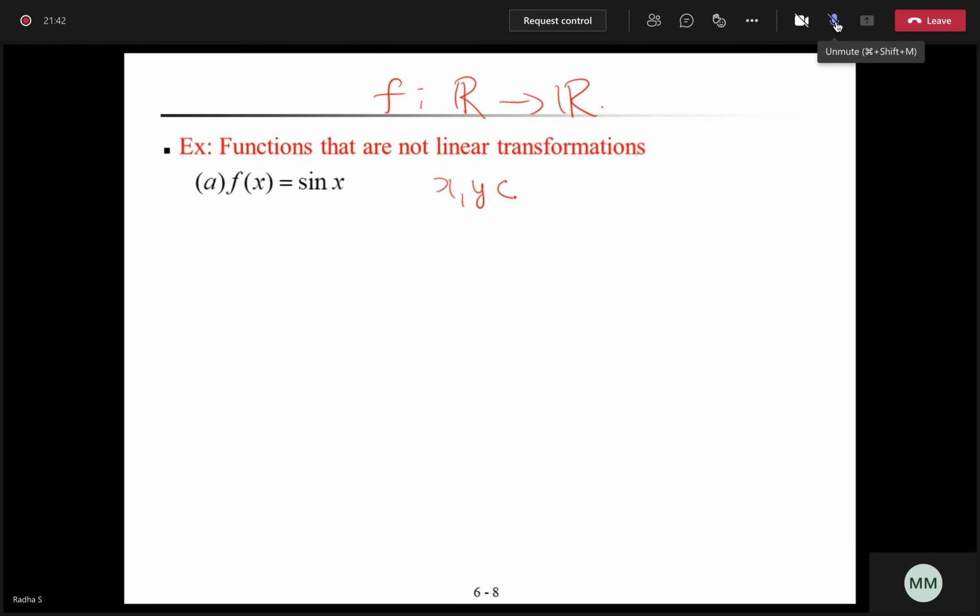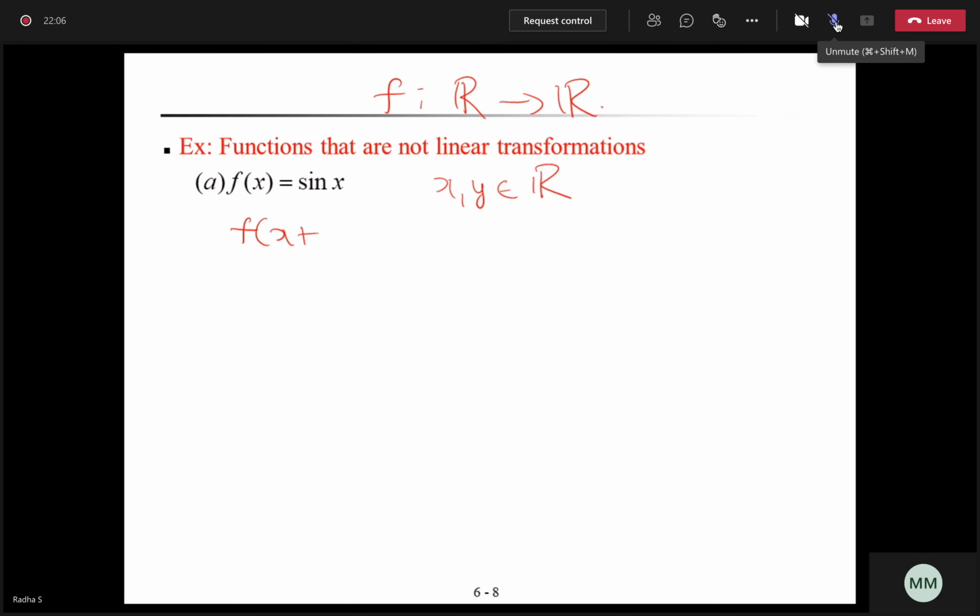I have to take values from the domain, right? I have to take 2 values from the domain. I need to check whether... Can anybody say, please try to understand and read. What should I check now? Instead of T, I'm using F here. 2 conditions I need to check.